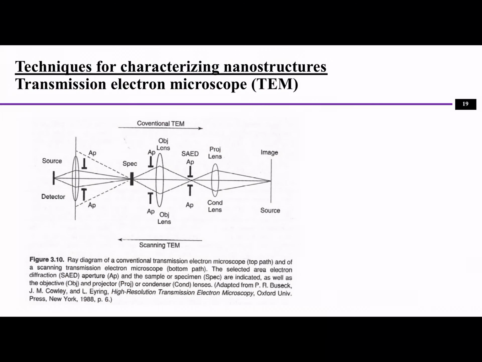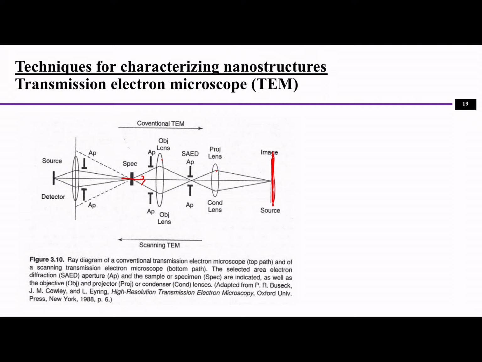Another method for using electrons is called the transmission electron microscope. So the transmission electron microscope, or TEM, also starts with a source of electrons, but the difference is that the electrons are actually going to go through the specimen, and then the emitted electrons will go through the two lenses and then start to form an image here.